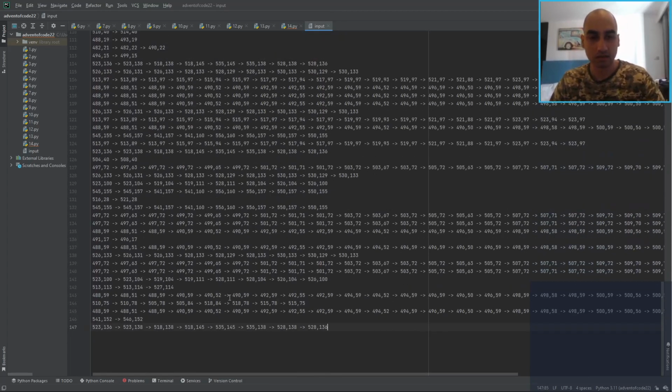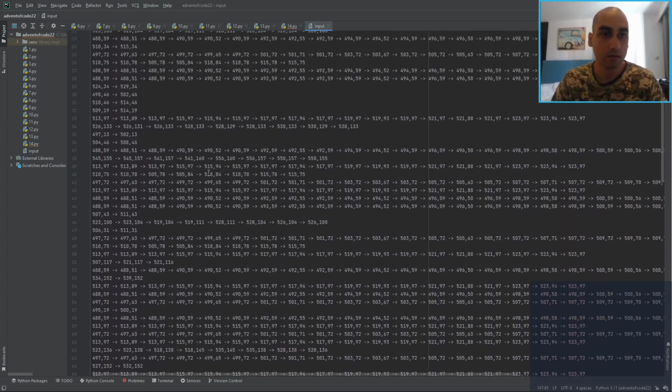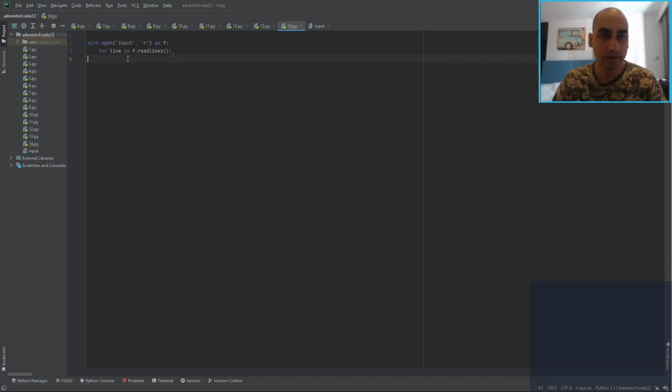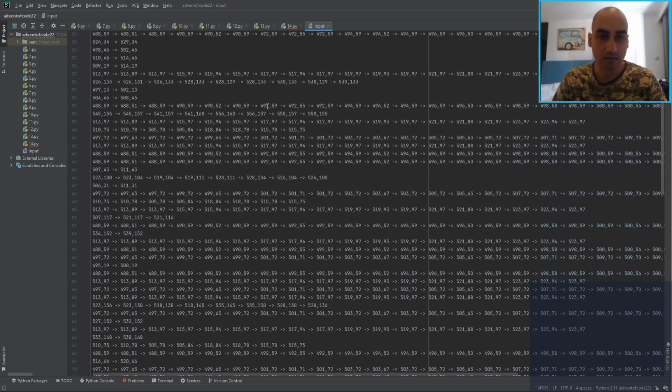Take out that last line. So we split by arrow. Let's say max x, max y equals. We need to know the min as well, don't we? Well, it never goes negative.